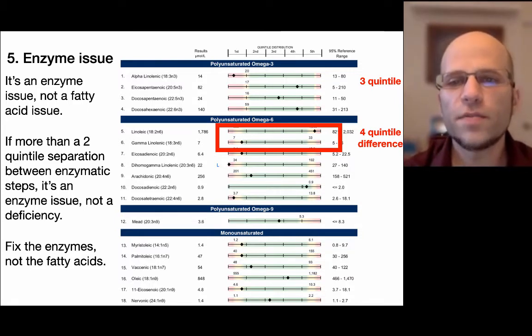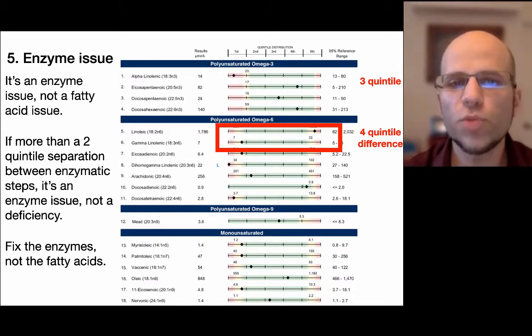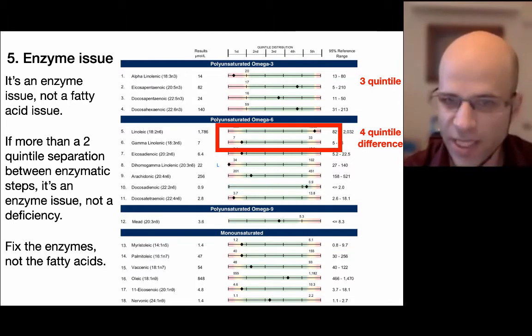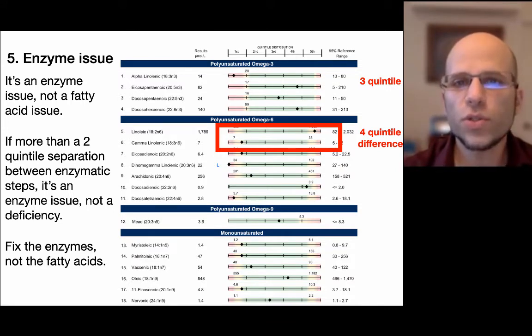This is my fatty acids, and I don't have a GLA deficiency. I have an enzyme block, so I shouldn't be taking LA here. I should be taking what's needed to fix the delta 6 desaturase. Now, you can see this also if LA is fifth quintile.